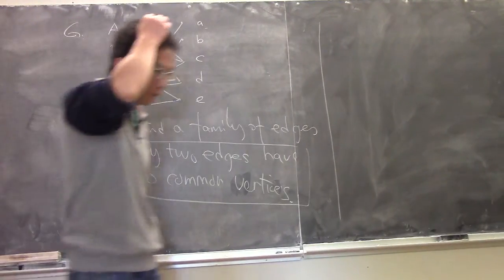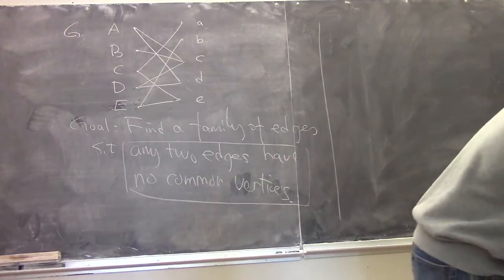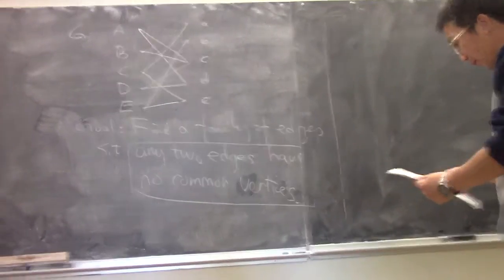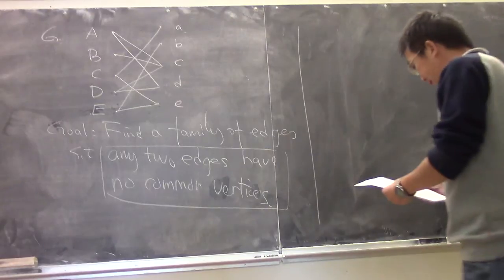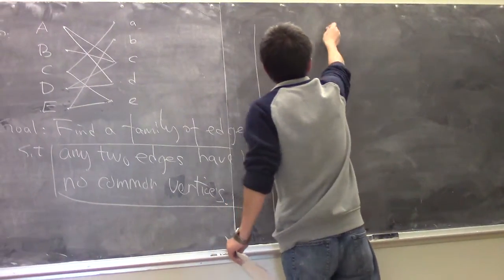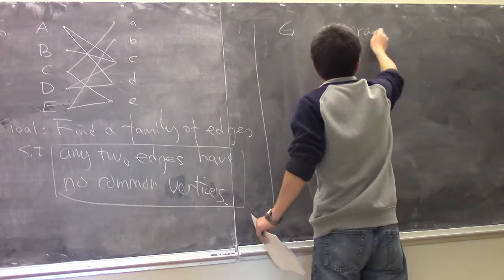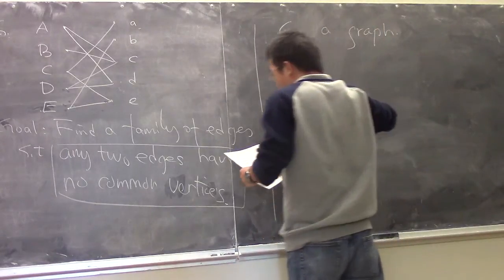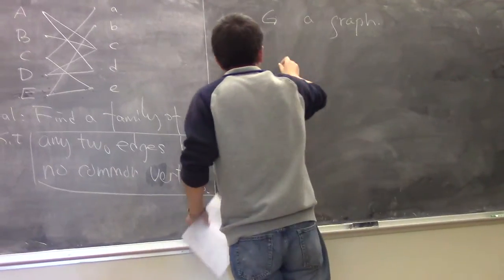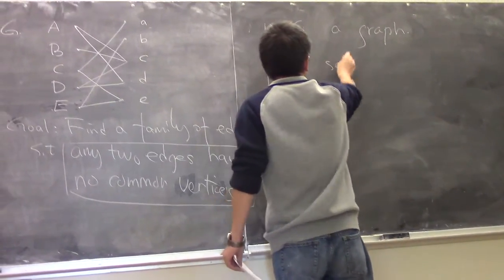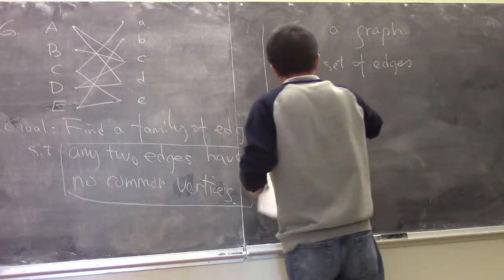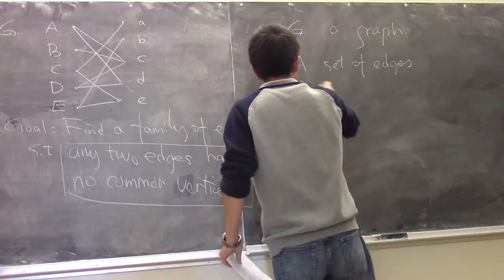So that gives us one definition. In graph theory, assume G is a graph, and suppose I have a family of edges, a set of edges. It is called independent.